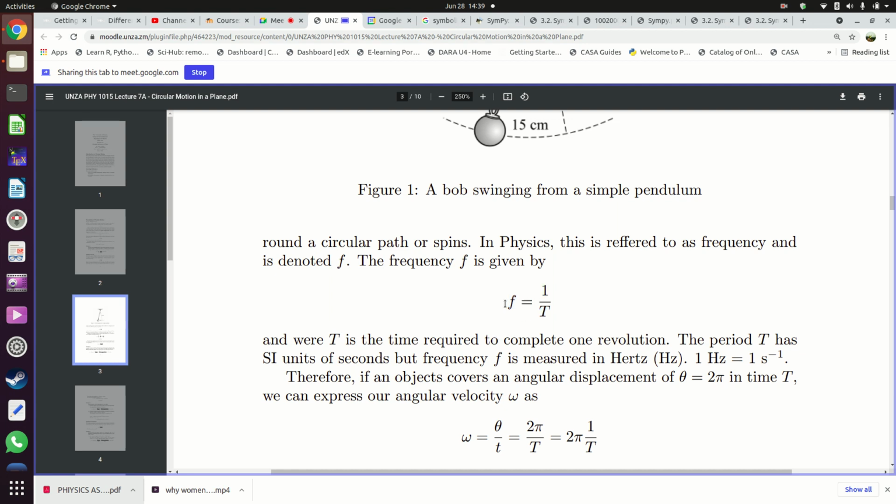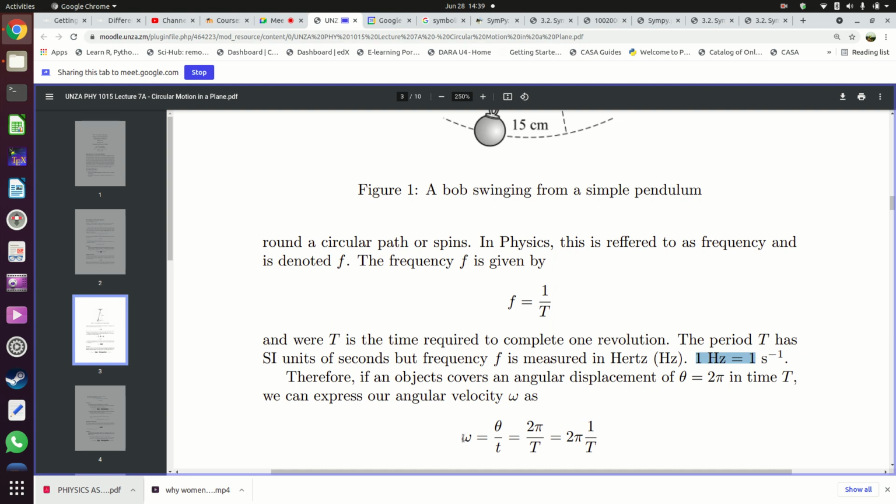So with this new information, we can now come back here. Frequency is measured in what's referred to as hertz. 1 hertz is equal to 1 per second, 1 time per second.